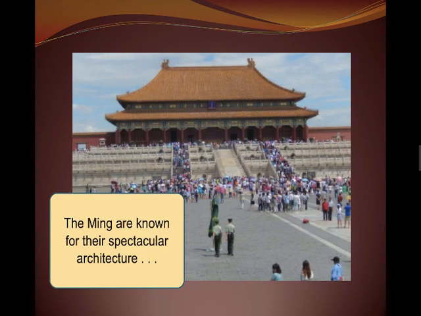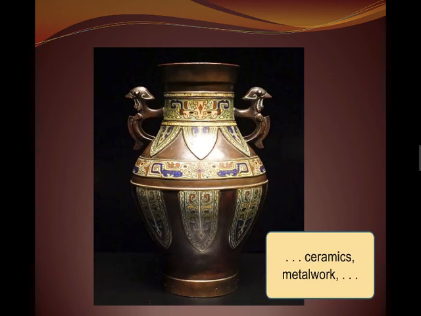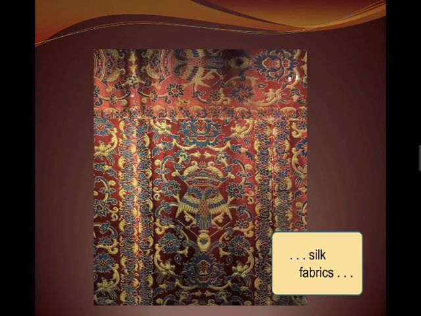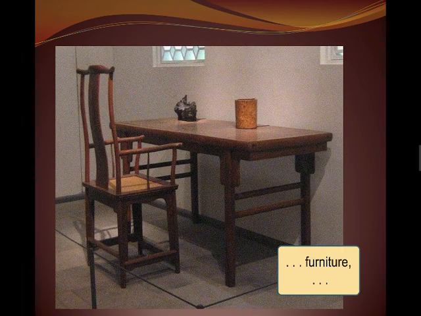The Ming are known for spectacular architecture, for truly great ceramics, metalwork, complex, intricate fabrics, furniture. This particular picture came out of an antique seller's website where they were asking $10,000 for this table.